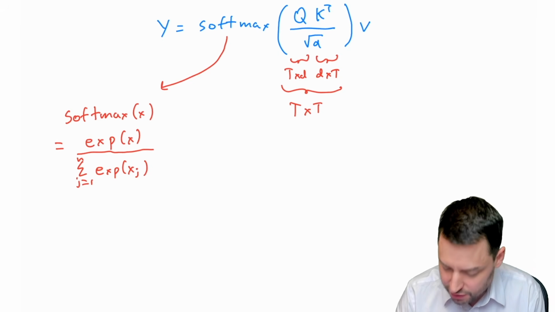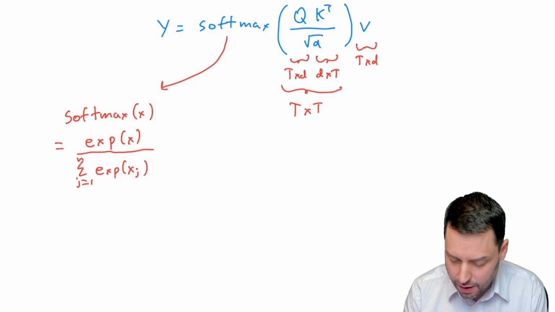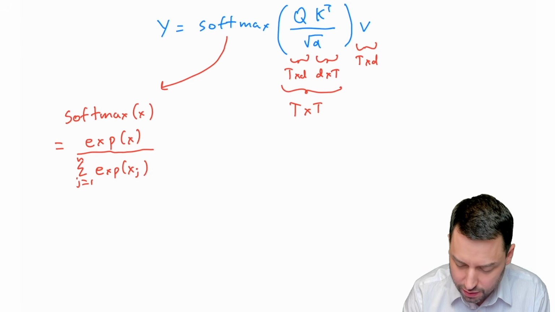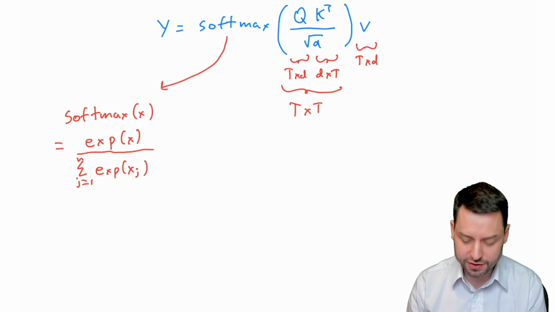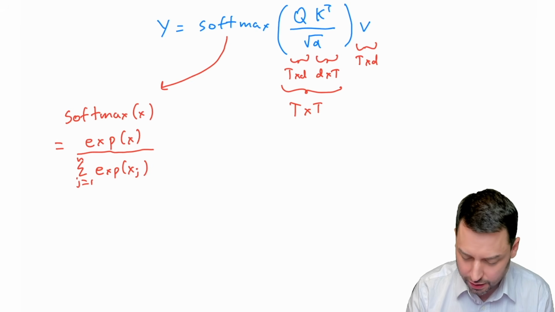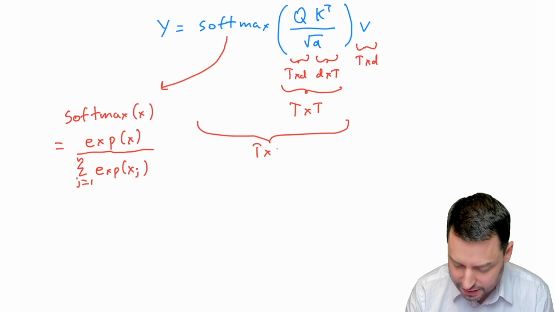V, of course, is also a T by D matrix. When you take the softmax operation by rows, it doesn't actually change the size. It just exponentiates the elements and then divides by their sum. So this whole thing here is still a T by T matrix.